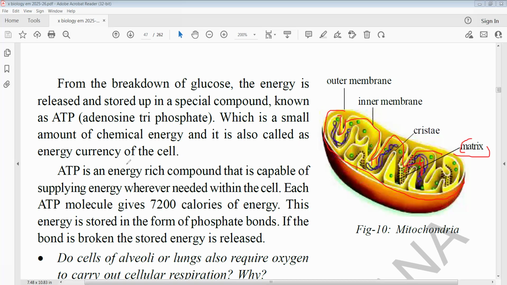The energy is stored in the form of ATP, as I already said. When we utilize one ATP, how many calories of energy do we get? We get 7,200 calories of energy. Like that, a total of 38 ATPs are formed.